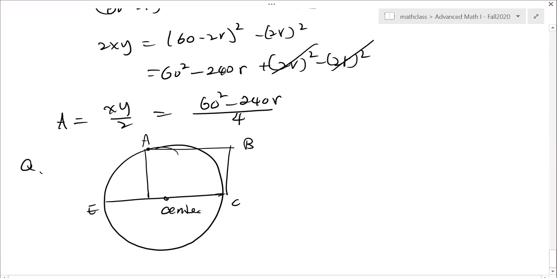Okay, this is a rectangle. So EC equals the diameter equals 5. And this side, I know AE equals 3. I want to find the area of the rectangle.